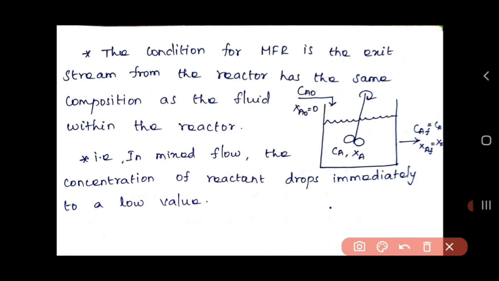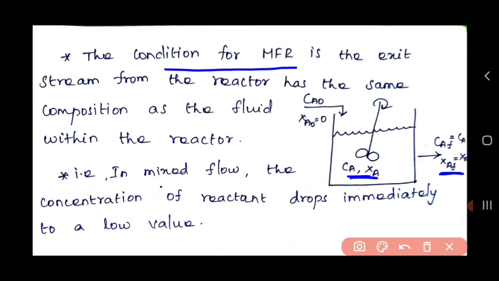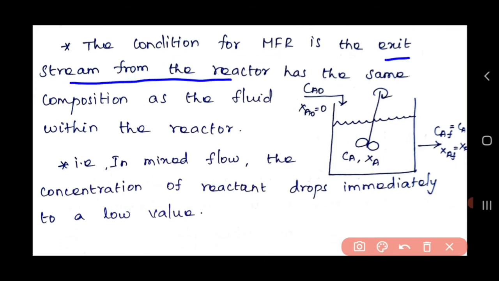Next, the condition for mixed flow reactor is the exit stream from the reactor has the same composition as the fluid within the reactor. So see here, initial concentration is Ca0 and initial conversion is Xa0, that is equal to 0, and the final concentration is CaF, that is equal to Ca, and final conversion is Xa. So the exit stream from the reactor has the same composition as the fluid within the reactor.